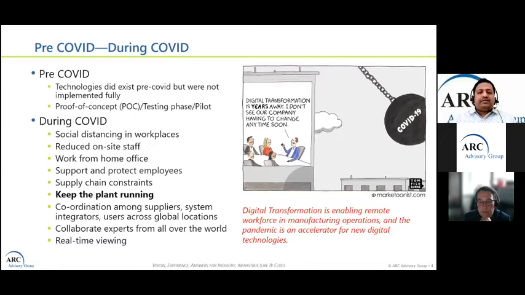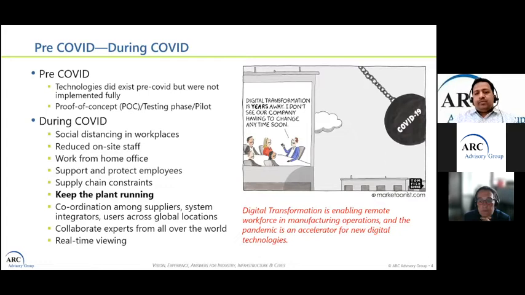So despite such a situation, companies needed to run the plant in any case and maintain normal operations while keeping the plant personnel safe. So this really impacted how the companies interacted with suppliers, their supply chain companies, integrators and customers as well.